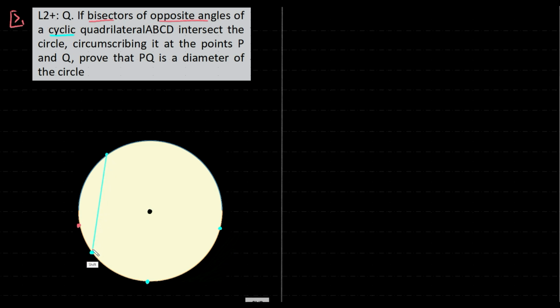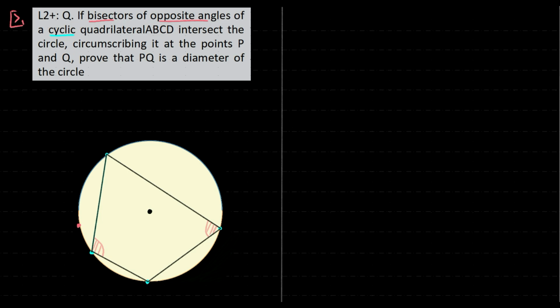Now we have a cyclic quadrilateral. Let me draw that first. The vertices are on the circumference of the circle. Let me consider two angles, and those two angles should be opposite. This is the first angle, this is the second angle.